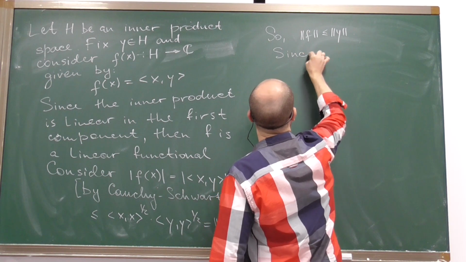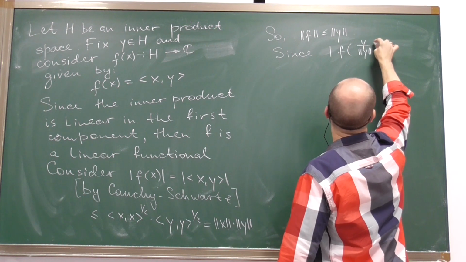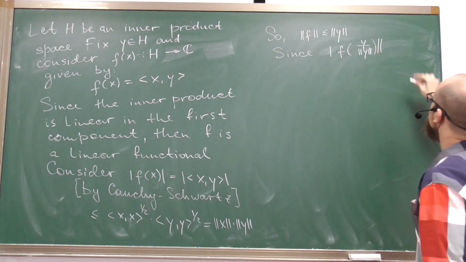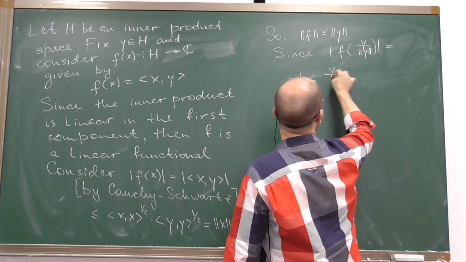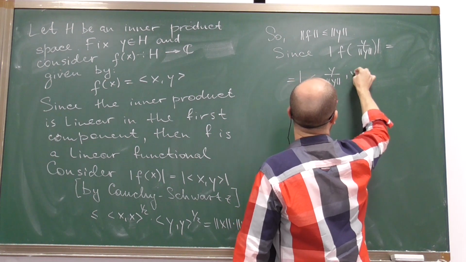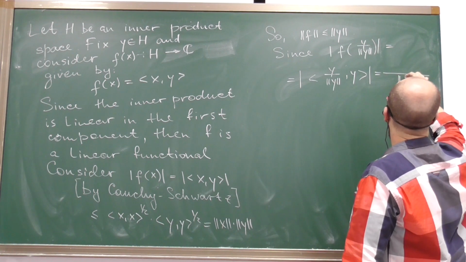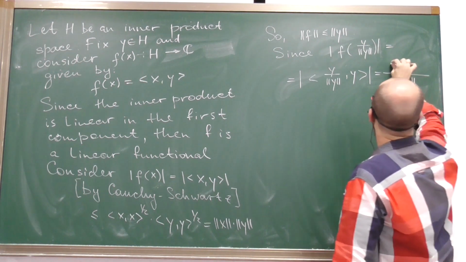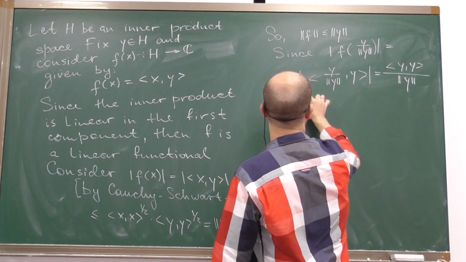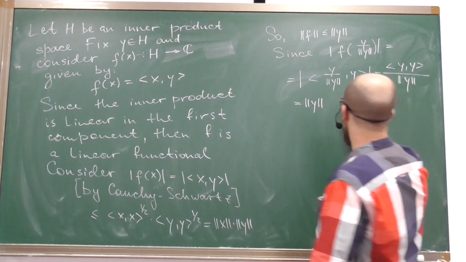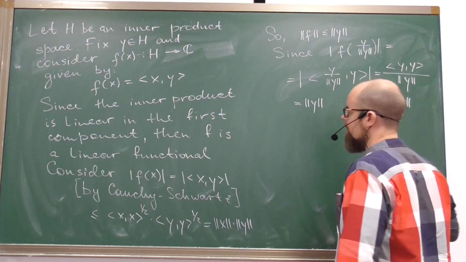Since f of y over the norm of y equals the inner product of y over y and y, which equals the norm of y over the y and y, so it is the norm of y. So the norm of f equals the norm of y.